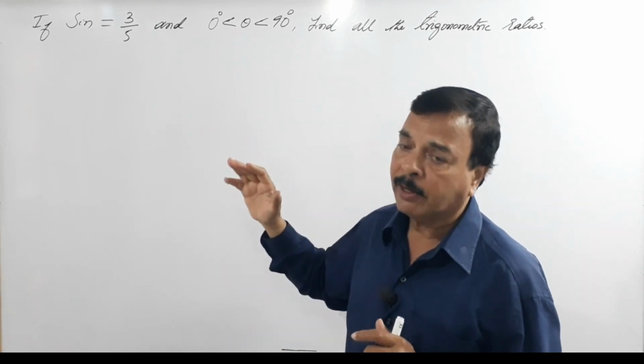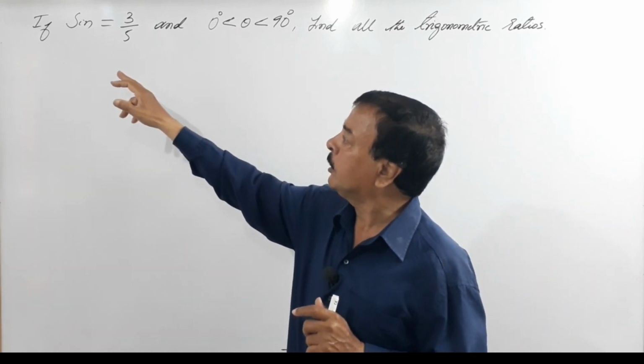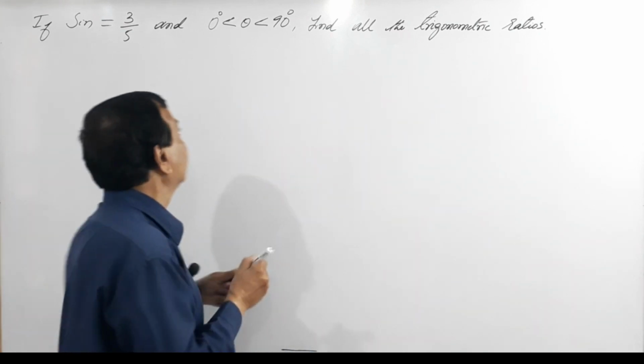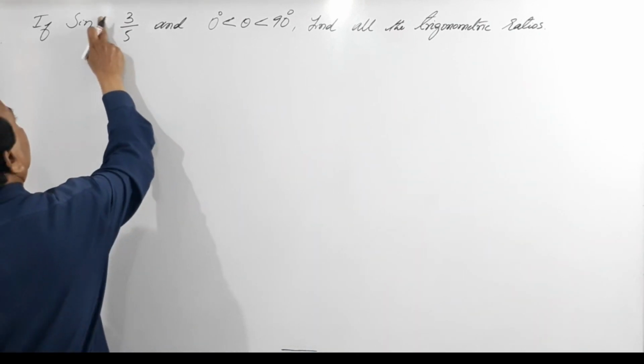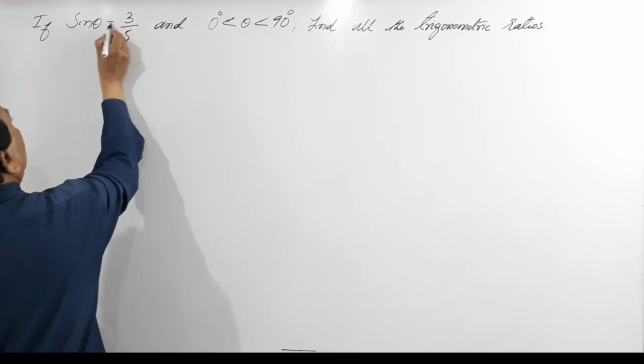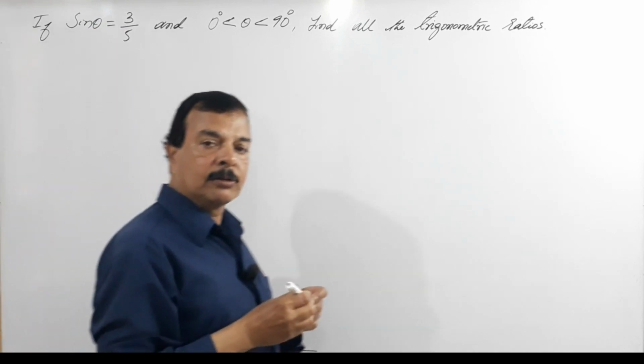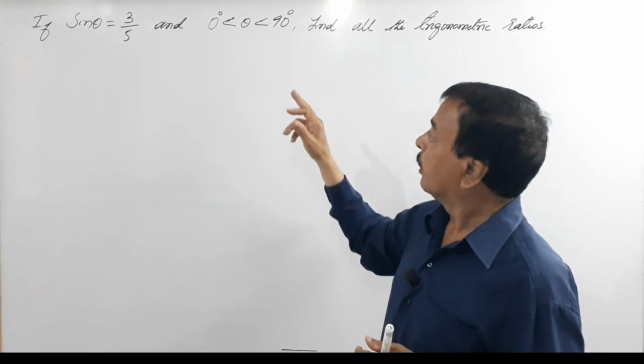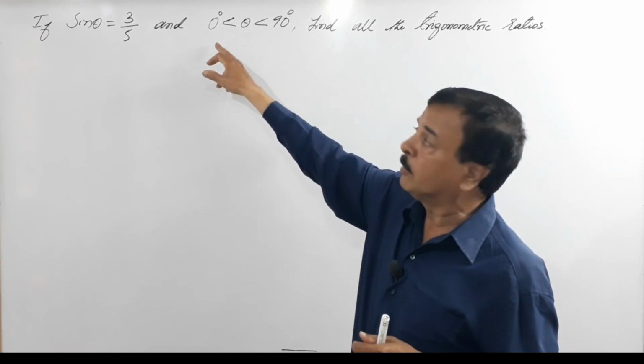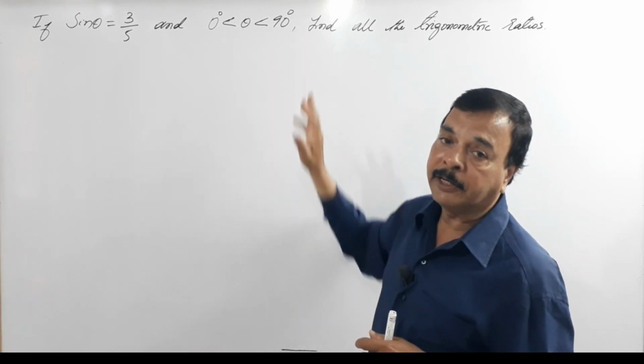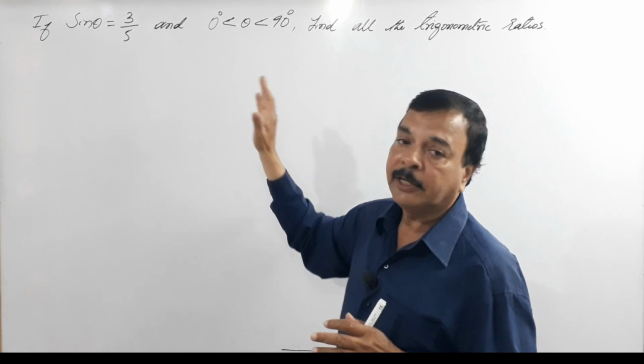So what I have asked you, if sin theta equals 3/5 and theta is greater than 0 degrees and less than 90 degrees. What does it mean? Say theta is an acute angle.